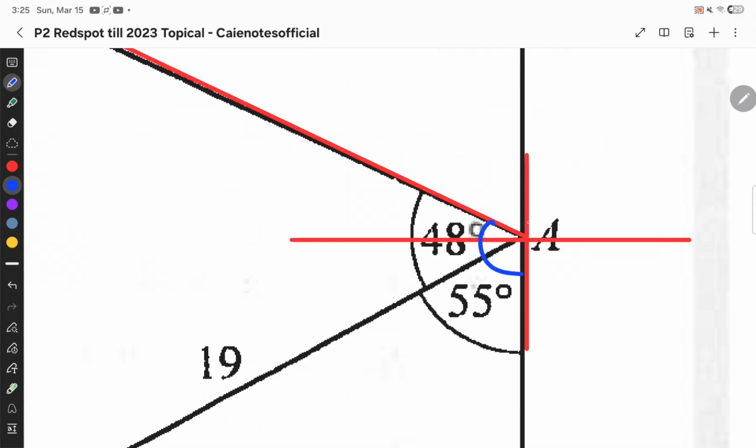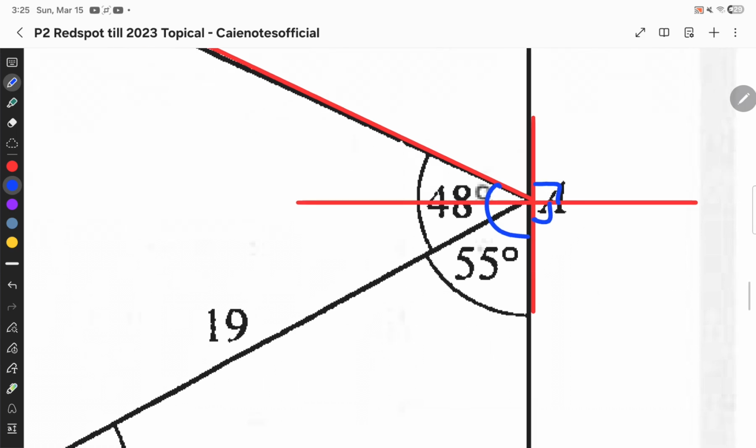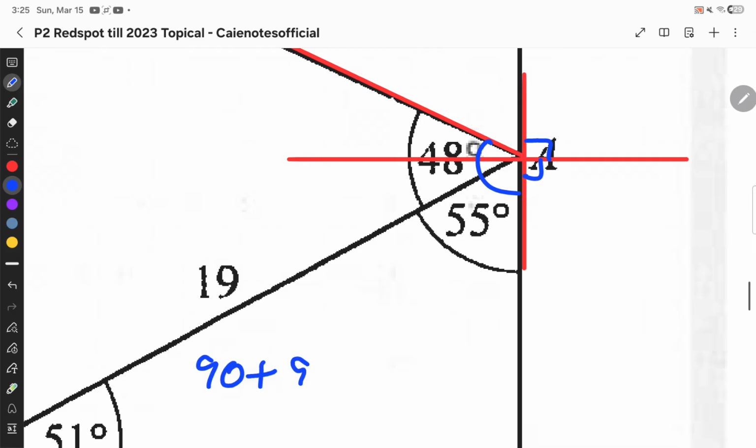So this is 90 plus 90 plus 55 plus 48. See, some angles will be completed already for you. You just got to do 90 plus 90, or 90 minus something, or 180 minus something. 90 plus 90 plus 55 plus 48 is equal to 283.